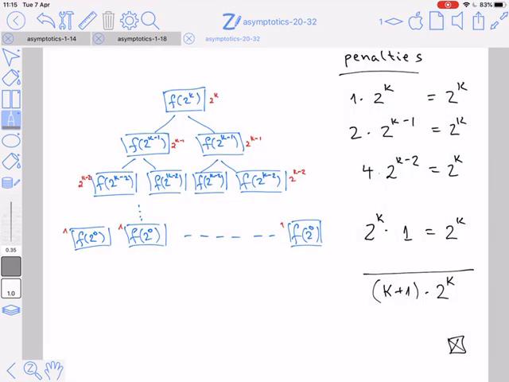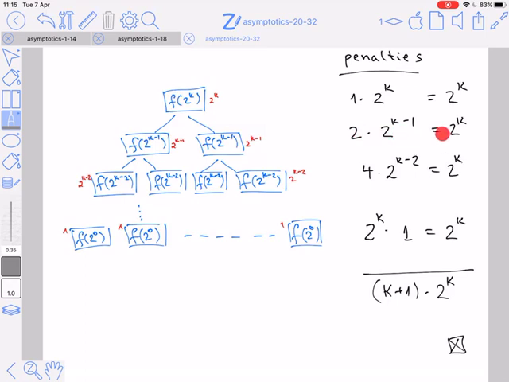Okay? So let's do the addition. We have the root. We have one root, and the penalty associated with it is 2 to the power of k. Let's go to the children of the root. We have two children, that's the 2 over here. Each one of them incurs a penalty of 2 to the power of k minus 1.